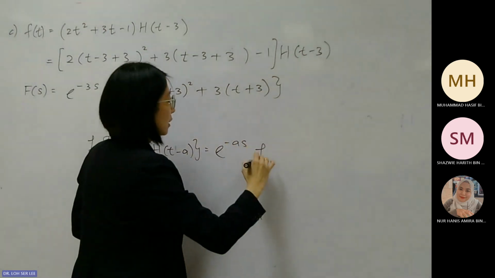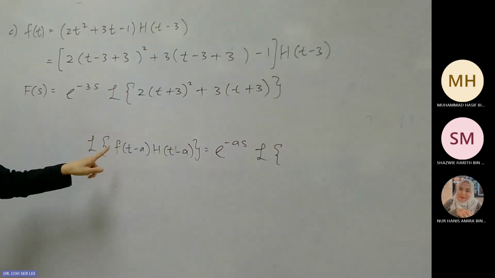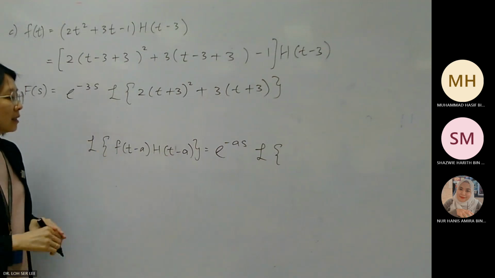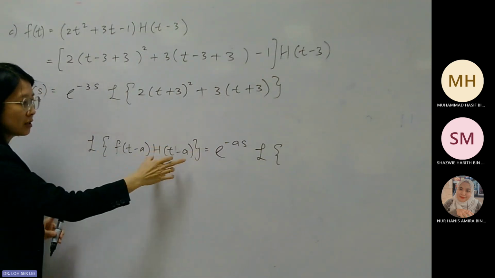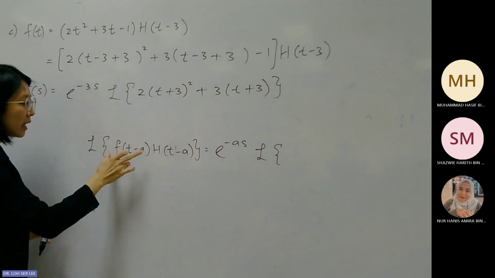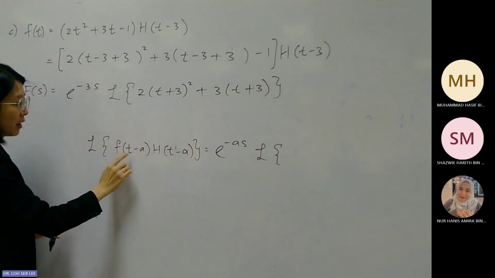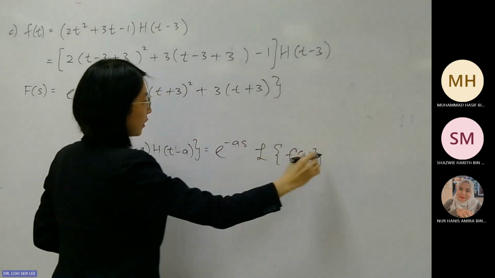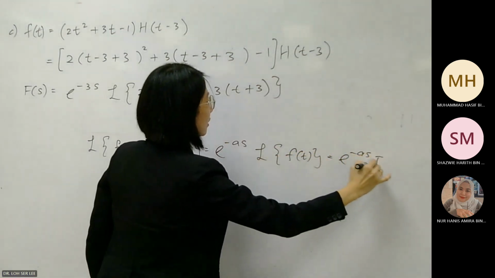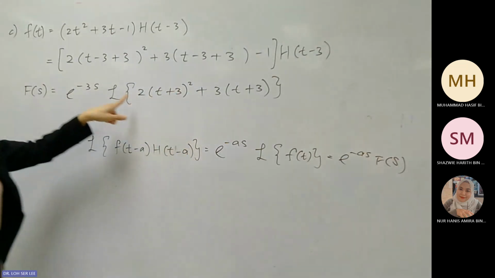Yes, this is the formula. Then what is left in the Laplace bracket? Once you take out the minus a to form this, no more Heaviside function. This will be gone. And once you take out the minus a, you have f(t) only. Laplace of f(t) is F(s). The same goes to this one.